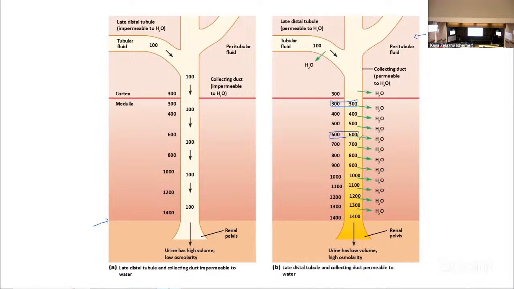So water is leaving, leaving, leaving until we get to those high osmolar regions as we're moving out of the kidney. So if we do this, we're able to move water across the cells in these regions. Then we're taking water out. So you're going to have that low volume urine. It's going to be super concentrated. It's going to have lots of solutes, not very much water. So it's going to have high osmolarity.